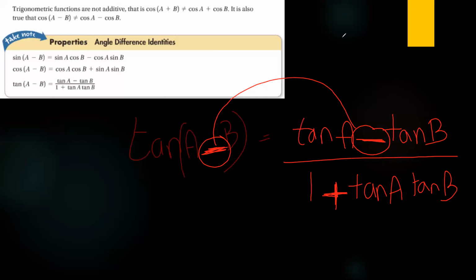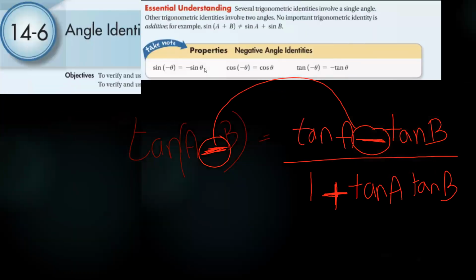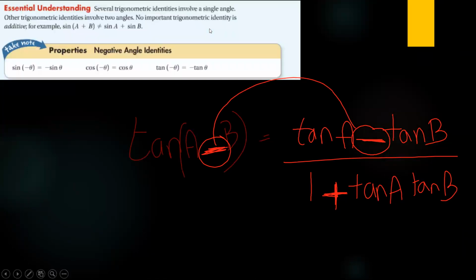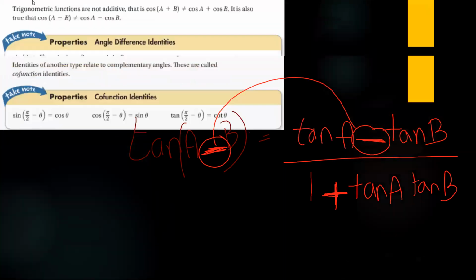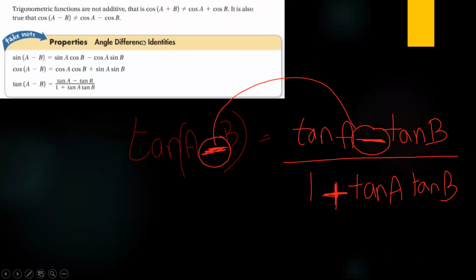So remember, in the previous identities, we said that for the sine and the tan, they are the same. We keep the minus sign for the angle difference identity. But for the cosine, you will cancel it.